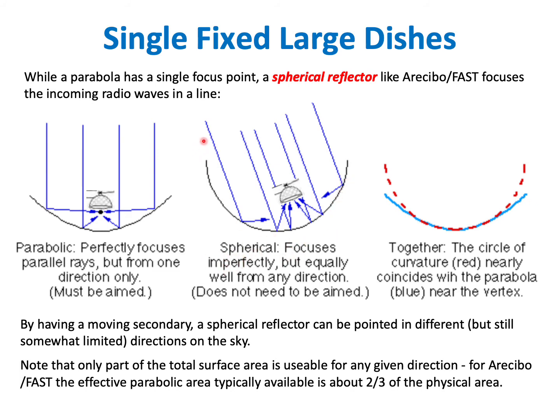The main reason is that a spherical reflector will focus waves into a line instead of a point. Okay, so that's a problem. But if we look at a spherical reflector overlaid on a parabolic reflector, near the vertex of both, they're a fair approximation for each other. It's only really an issue when you get to the edges that you get a very large deviation.